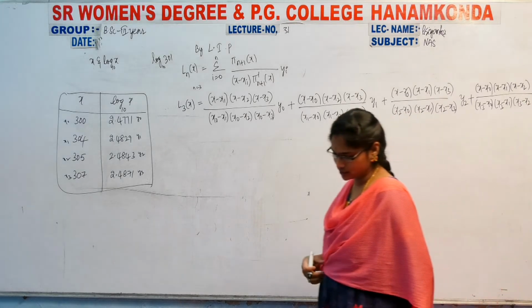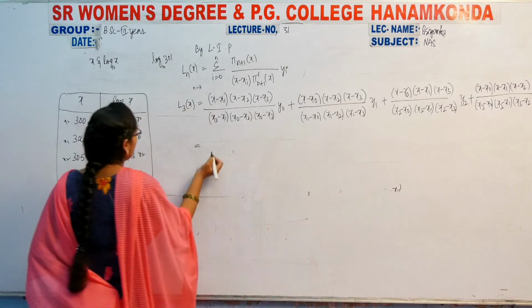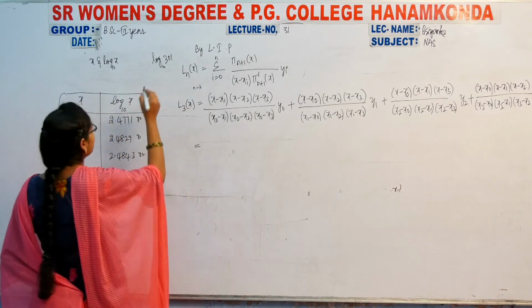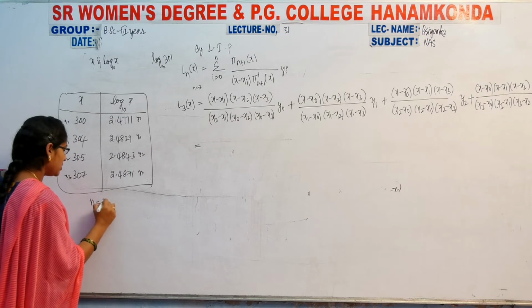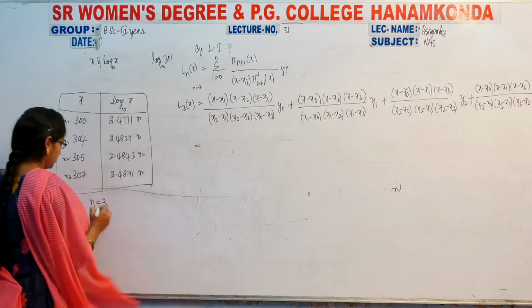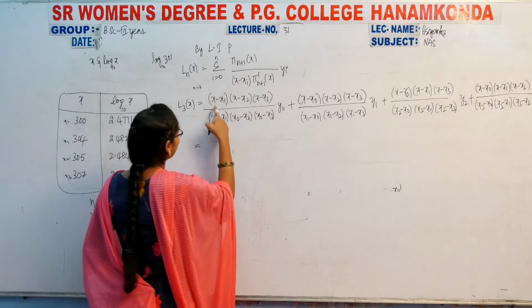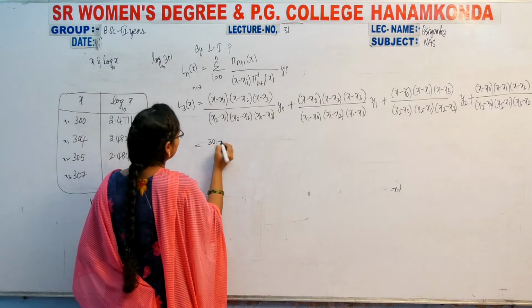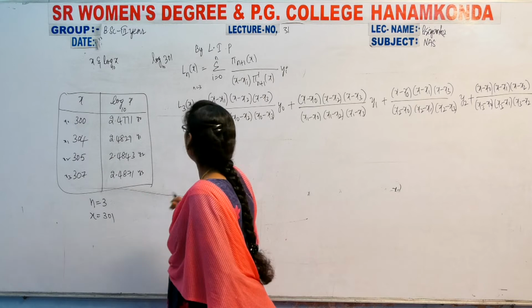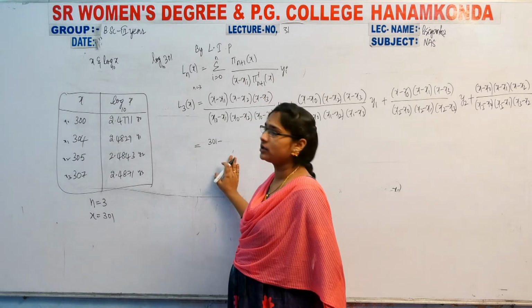Okay, now we have to substitute the values, and now here what they gave here: n is equal to 3, x is equal to 301. Okay, so now here 301 minus, what is the value of x1 here? 304.